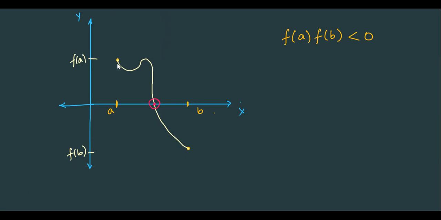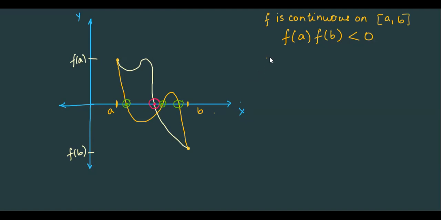I will draw. It can cut like this also. So there can be 3 points. In the previous case, there was only 1 point. Here there were 3 points where it cuts. So the thing is, f is continuous on the closed interval AB, and f of A and f of B are of opposite signs.